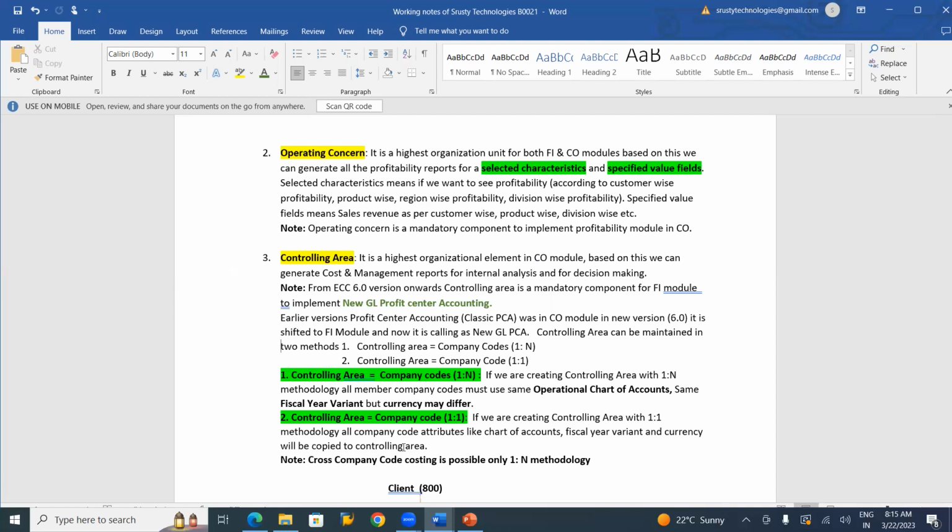If we are creating a controlling area with 1:1 methodology, all company code attributes like chart of accounts, fiscal year variant, and currencies will be copied to the controlling area. Full stop.